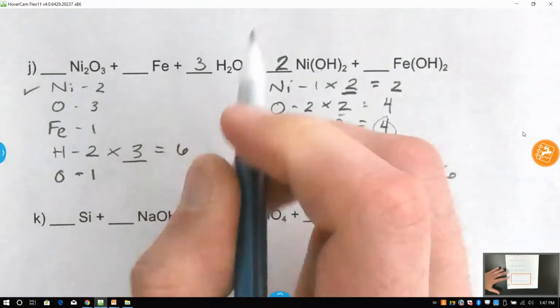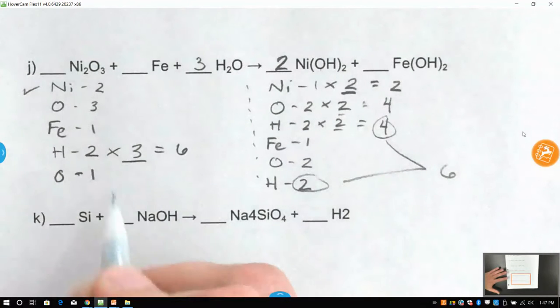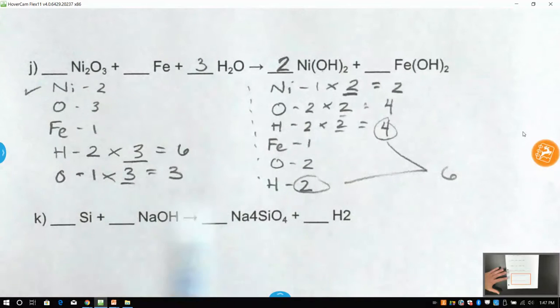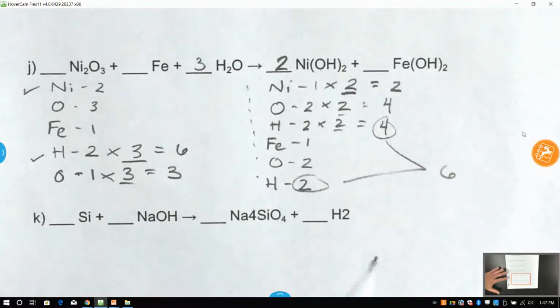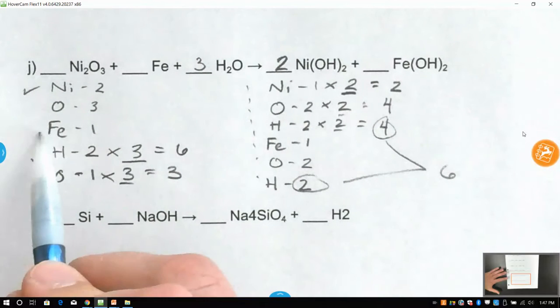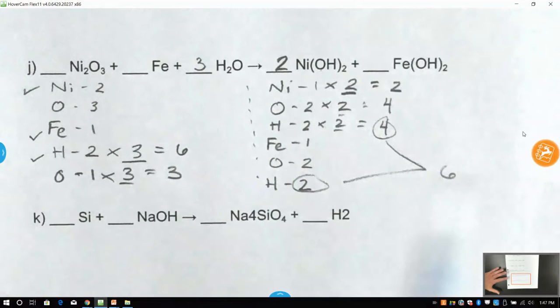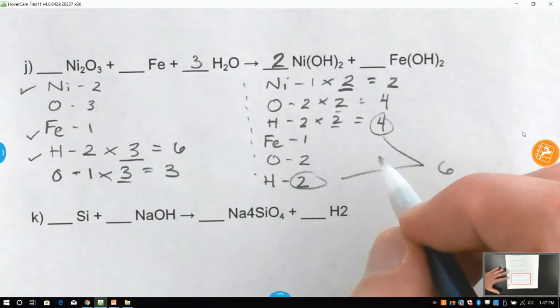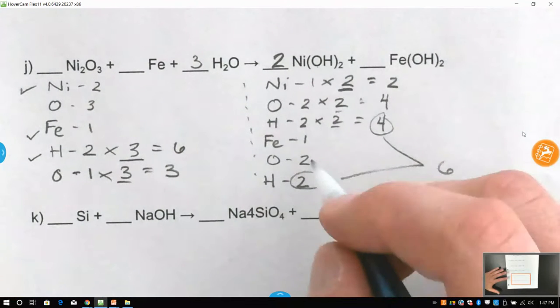So since we multiply it by 3, that's the coefficient. So this oxygen then had to get multiplied by 3. Okay. Hydrogens, currently now balanced. The irons, currently balanced. Only dude left is oxygen. How many oxygen do we have in total? Yeah, we have 6.